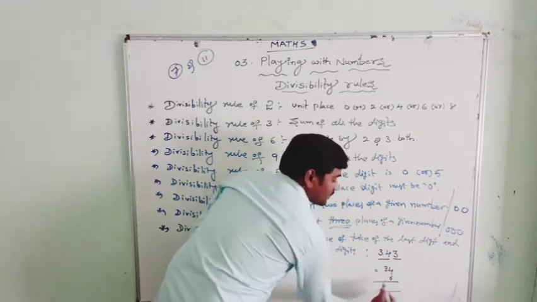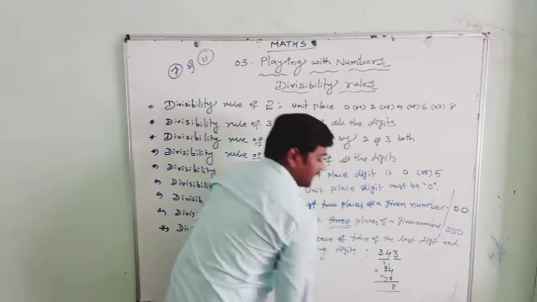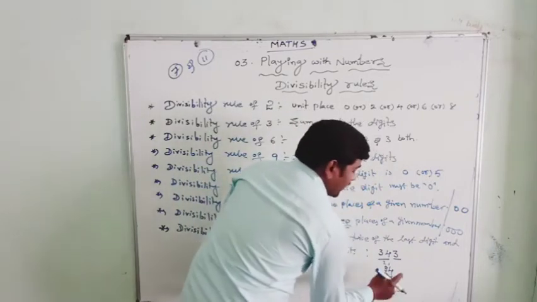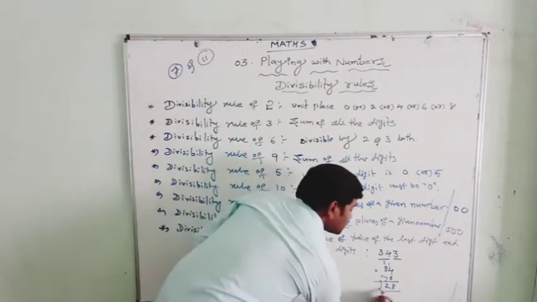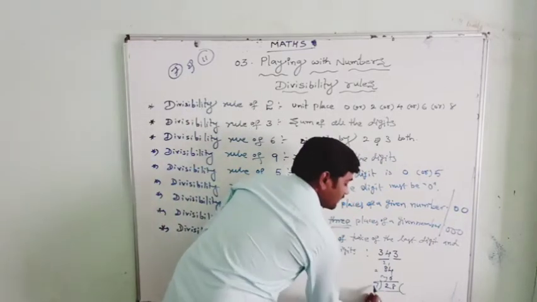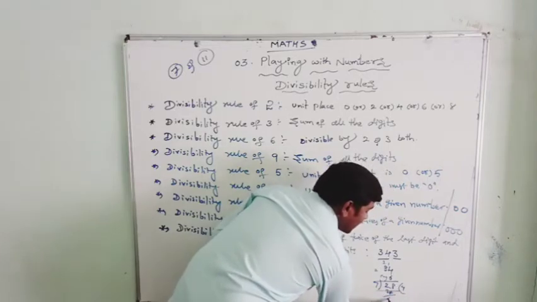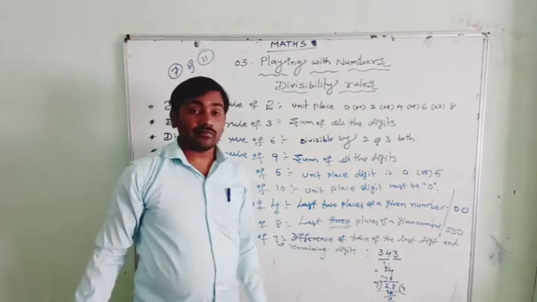So 34 minus 6 gives 28. Is this 28 divisible by 7? Exactly, 7 fours are 28. Yes, so it is divisible by 7.